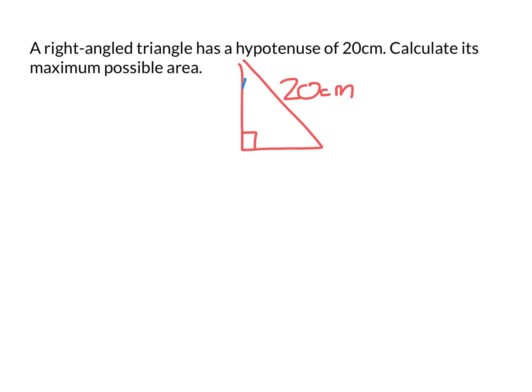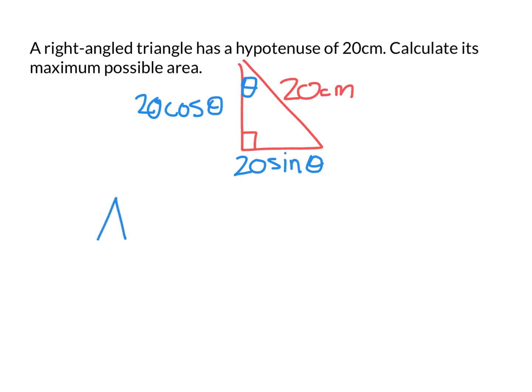See, if I call this angle here theta, then we know that adjacent over 20 is cos theta. So what we can do is rewrite this side here as 20 cos theta. And similarly, this side here will be 20 sine theta. So that helps because I've written both sides in terms of the same variable, theta.